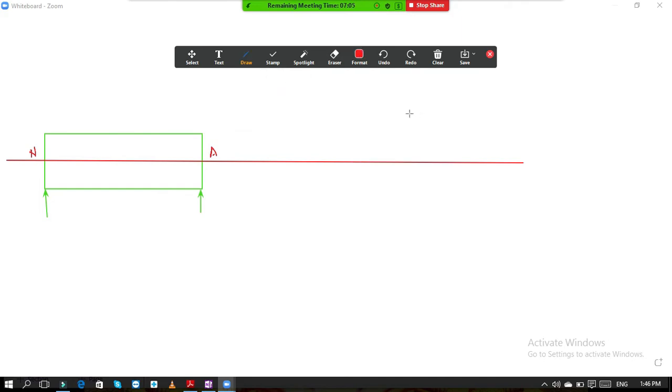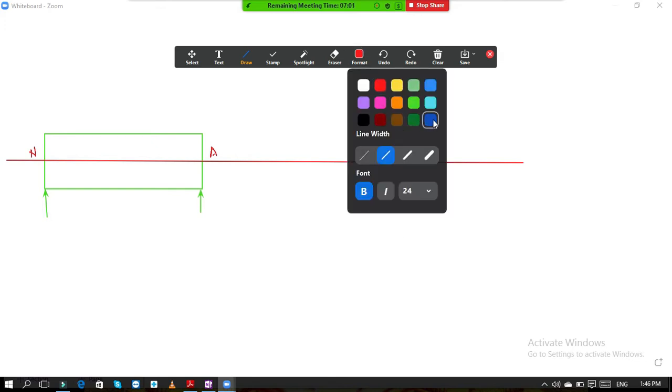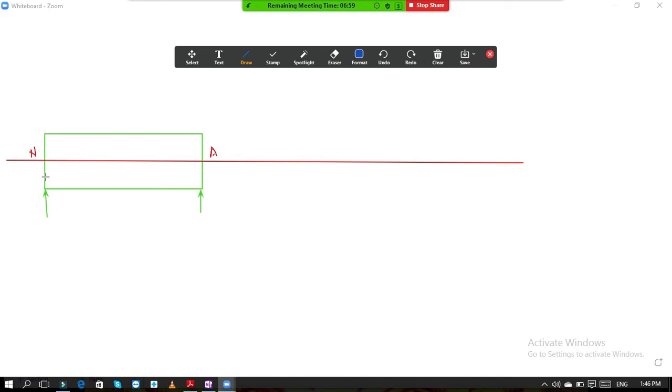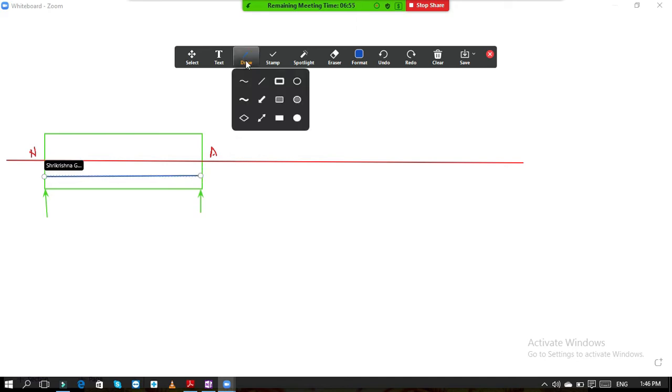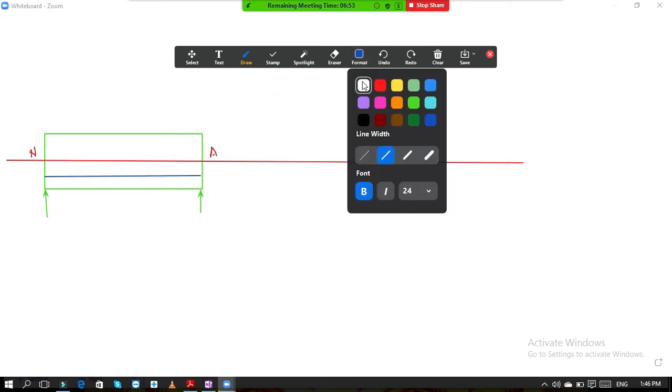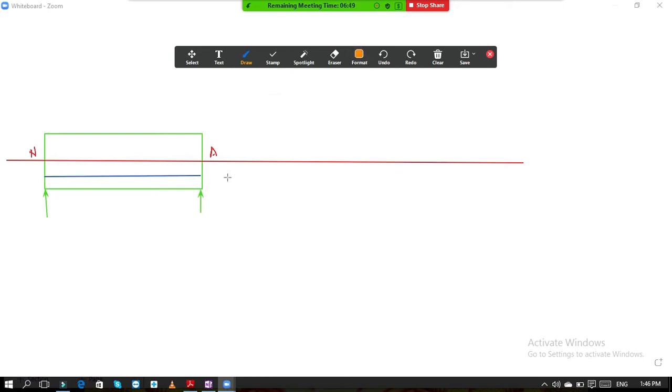It is passing at an eccentricity. So the tendon is placed somewhere here. This is your tendon, and the pre-stressing force P is applied on the tendon over here.